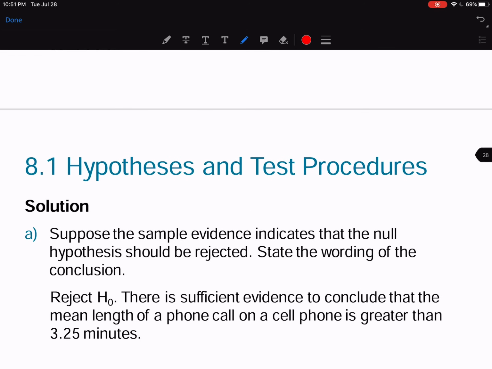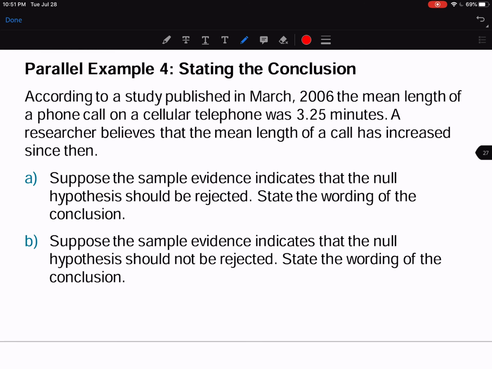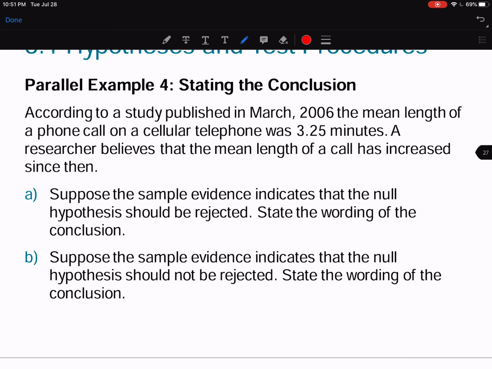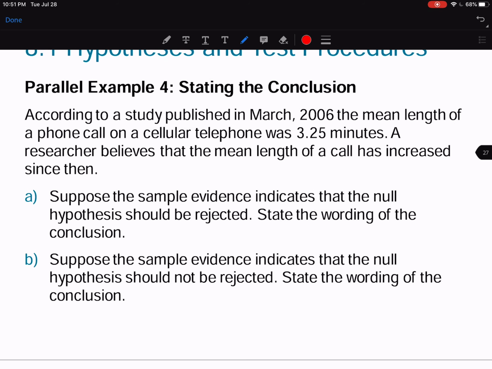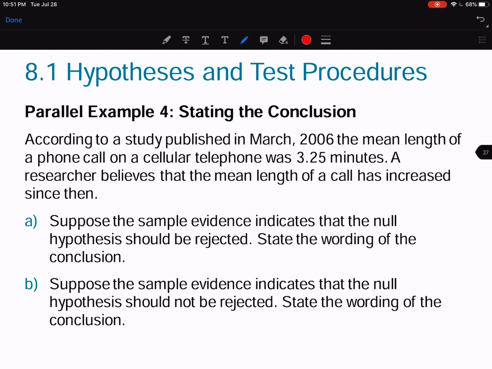So let's just go to the solution part. Let's take a look at part A here. Suppose the sample evidence indicates that the null hypothesis would be rejected. State the wording of the conclusion. We're only talking about one example over here. The example is: according to a study published in March 2006, the mean length of a phone call on a cellular telephone was 3.25 minutes.